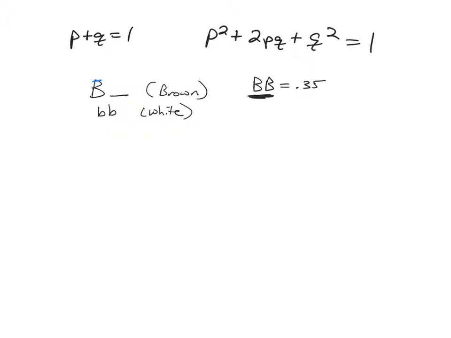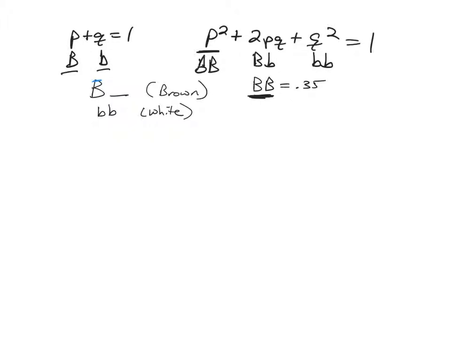What's equal to 0.35? p or p squared? Remembering that these are your genotypes: this is big B, big B, this is big B, little b, and this is little b, little b. This is the frequency of big B, and this is the frequency of little b in the total population. Do we understand each other?